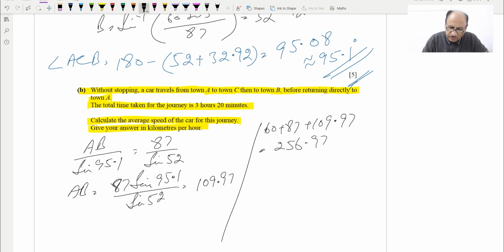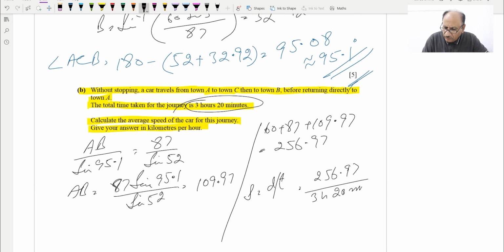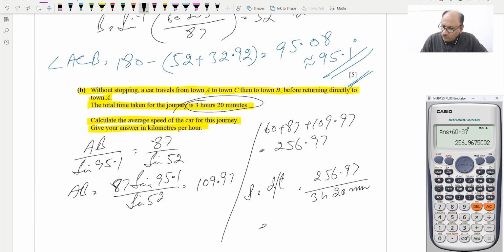256.97, and speed is equal to distance over time. So distance will be 256.97 over time taken. They are telling us 3 hours and 20 minutes, and this will be equal to this divided by 3 hours and 20 minutes.